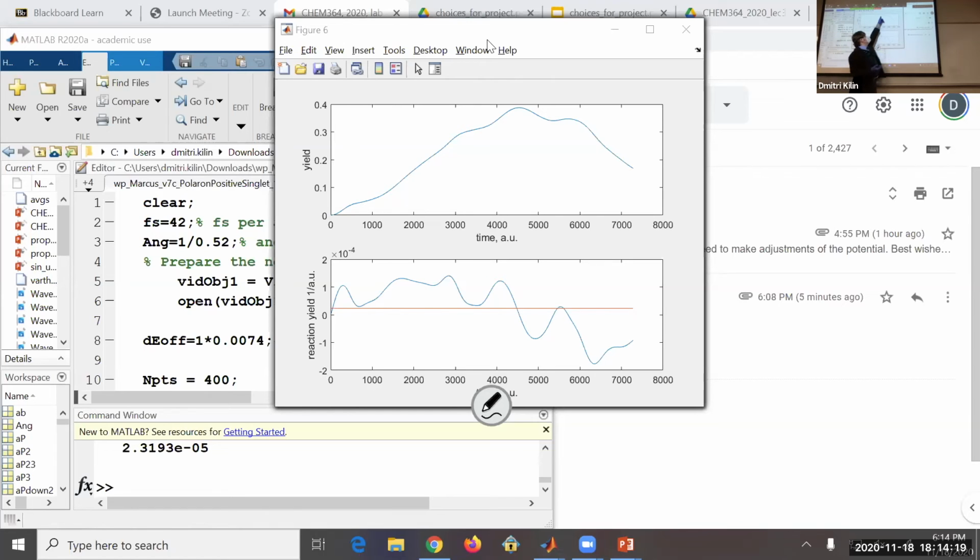And then after going to the top, it wants to go back, and then the reaction rate becomes negative. It's like a back reaction. I want to focus my attention on the time before it goes back.